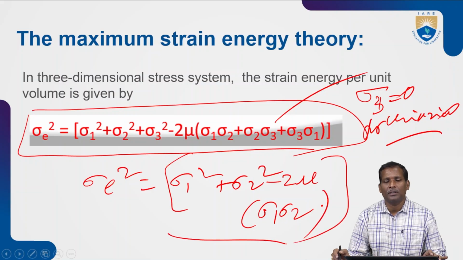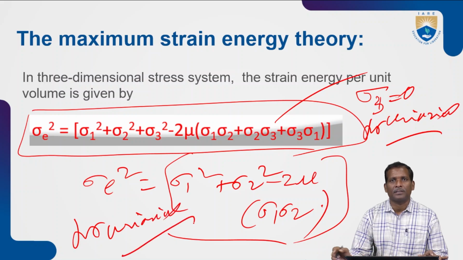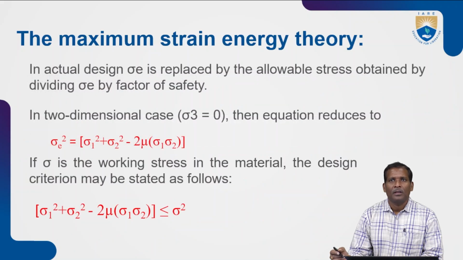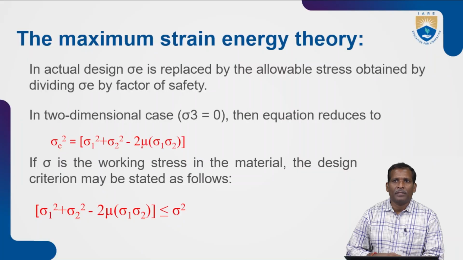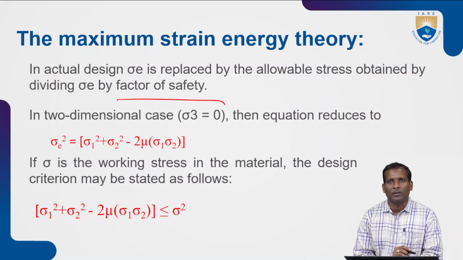So this is the equation for the two-dimensional stress system. Clear? So you have to write according to the dimensional stress system. In the actual design, sigma e is replaced by the allowable stress, obtained by dividing sigma e by the factor of safety.